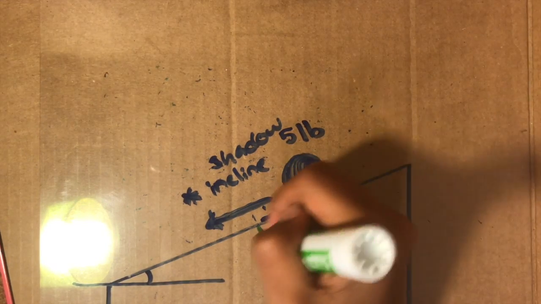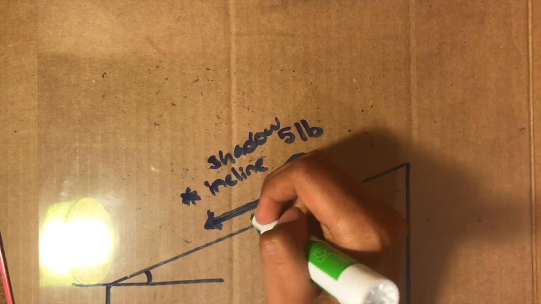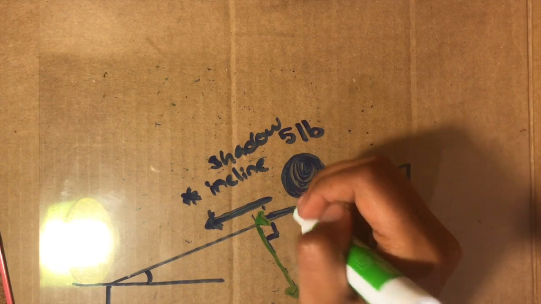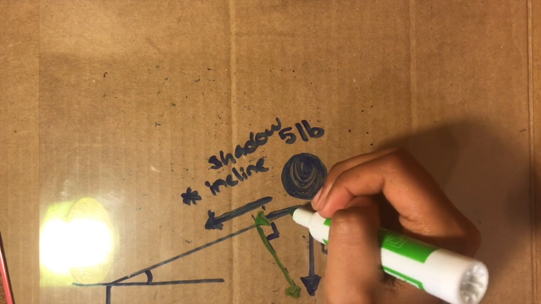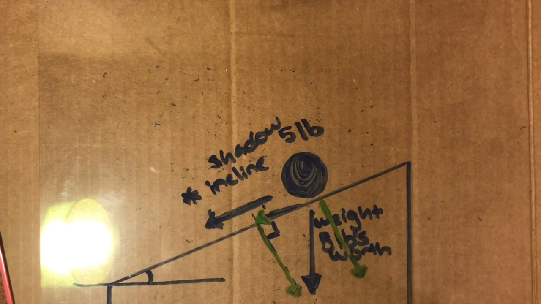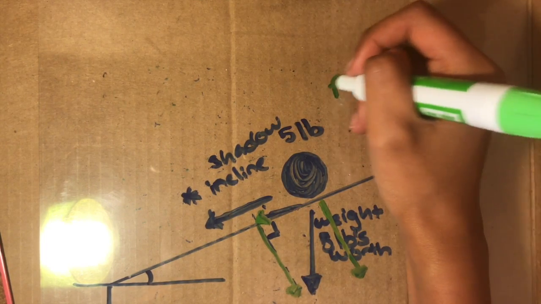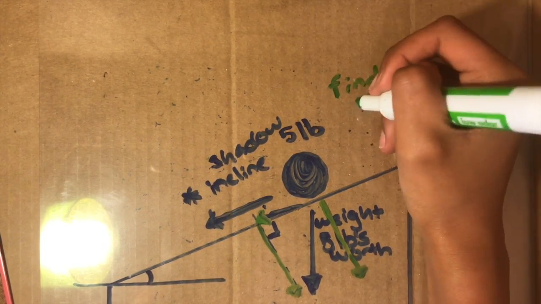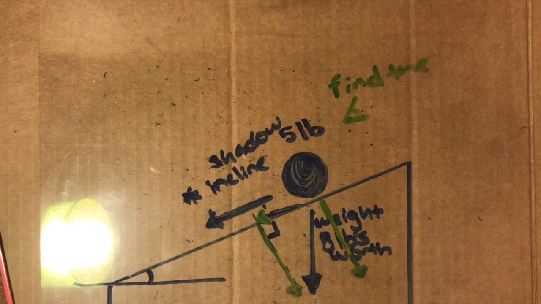So we can look at this vector here. Well, what direction is the vector? Well, that's simple. It's perpendicular to whatever this is. So you can use the fact that it is perpendicular to either find the angle, or you can use the fact that vectors that are perpendicular have a dot product of 0 to find the sine and cosine of the angle, so you already have it in component form.